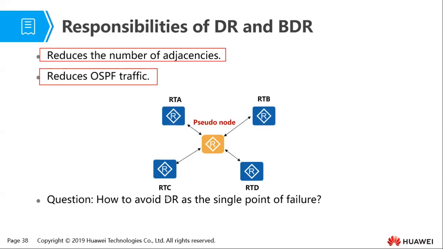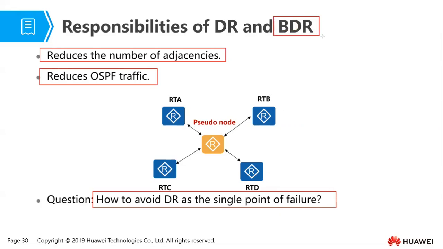So how do we avoid a DR as a single point of failure? OSPF specifies a BDR, a backup designated router. To make it clear, one of these routers is going to be elected as the designated router.